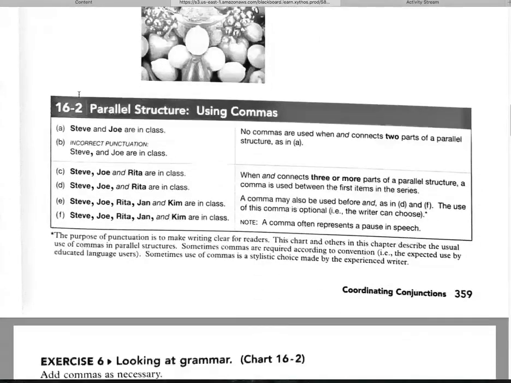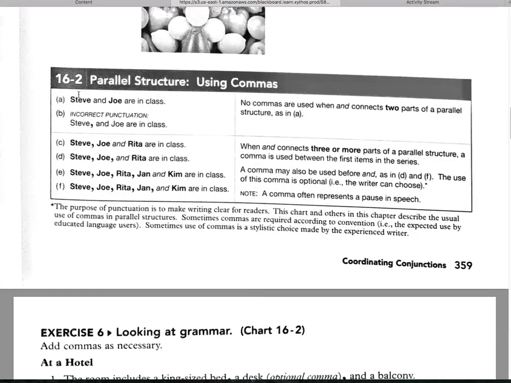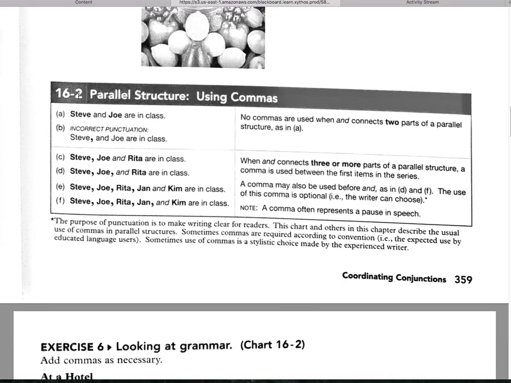Now we look at the chart. Here, there's the explanation. Parallel structure using commas. If we look at example 8, Joe and Steve are in class. Steve is a noun, Joe is a noun, so we'll have 2 nouns connected with a conjunction. So no comma is necessary.